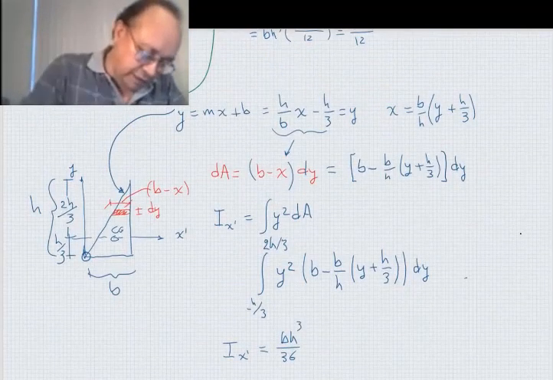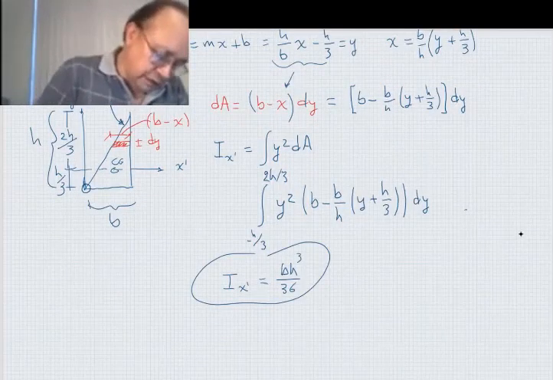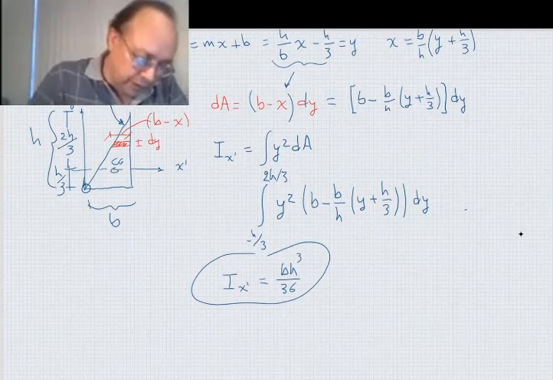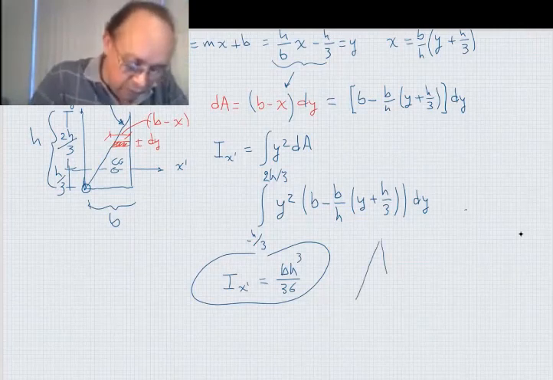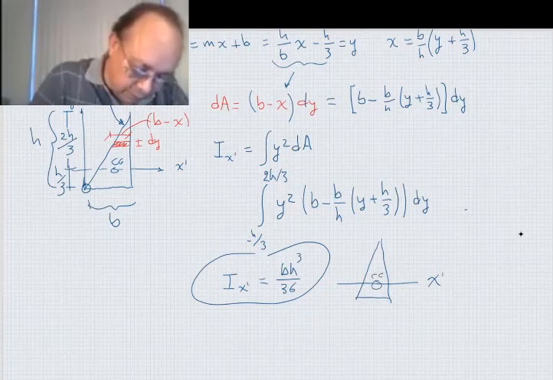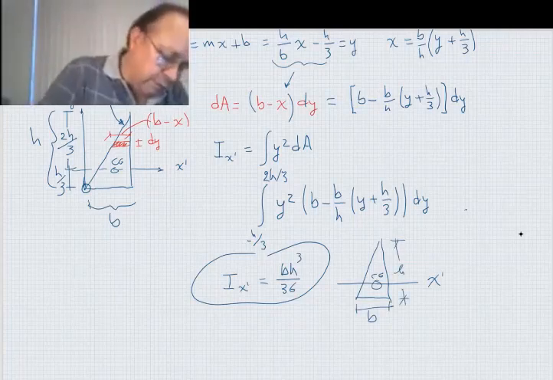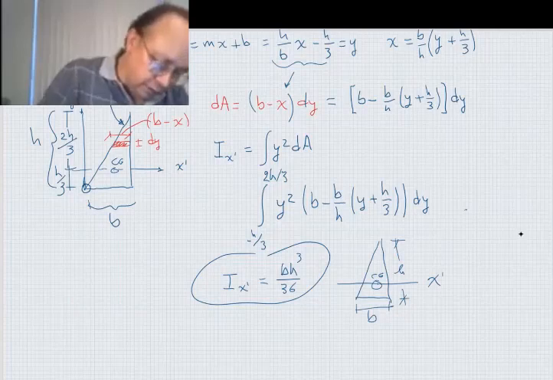You should get this result. This result is good. And that's the moment of inertia of a triangle with respect to an axis that goes through the center of gravity, usually called x prime. Base equals b, height equals h. That's what we just found.